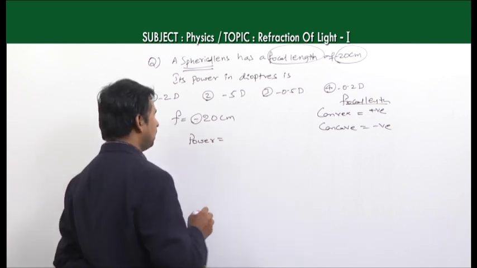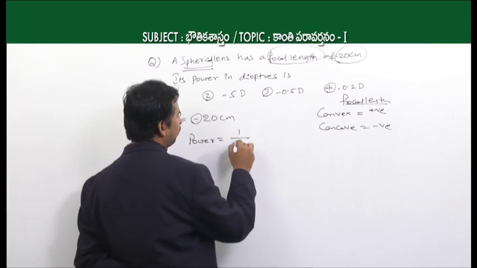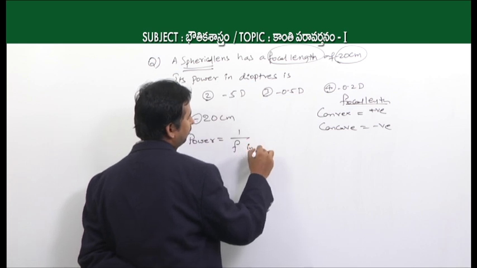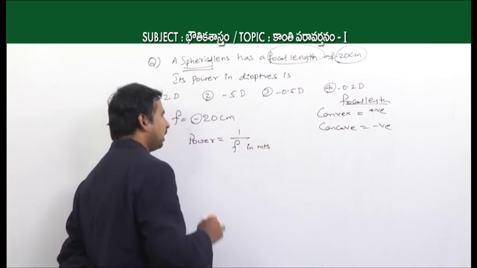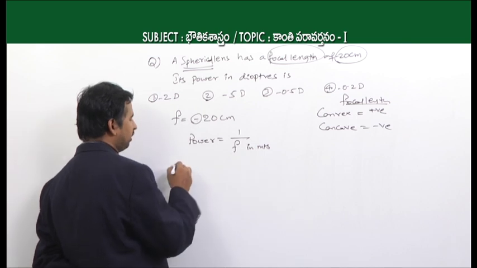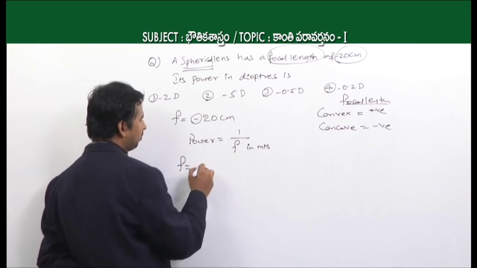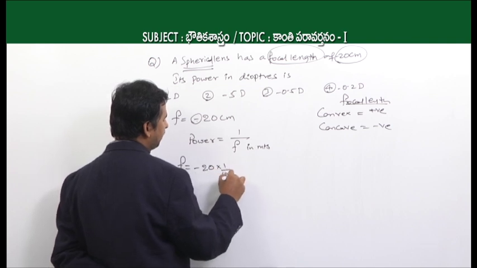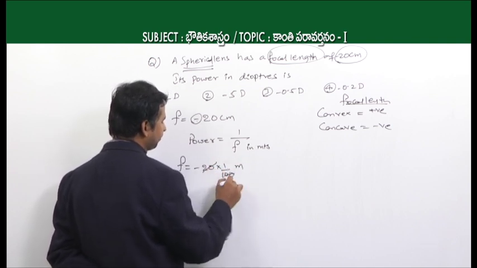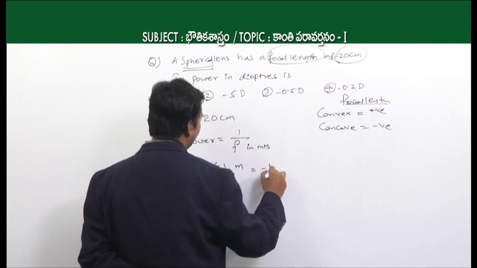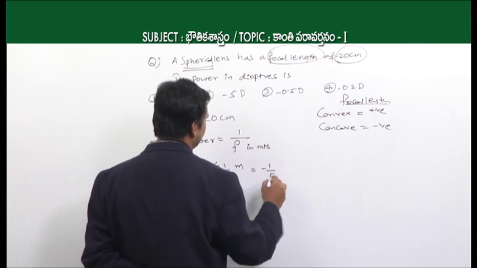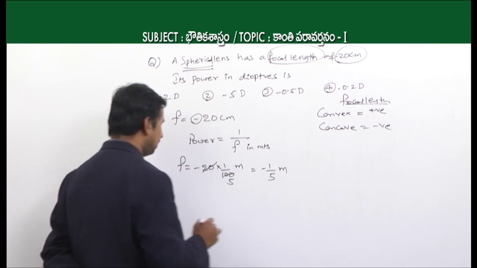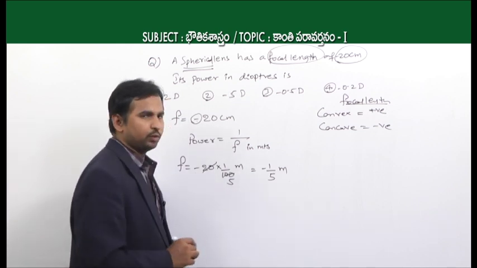So power is equal to 1 by focal length, where the focal length must be taken in meters. Since the focal length is given in centimeters, f is equal to minus 20 centimeters, which into 1 by 100 meters becomes minus 1 by 5 meters. That is the focal length in meters.